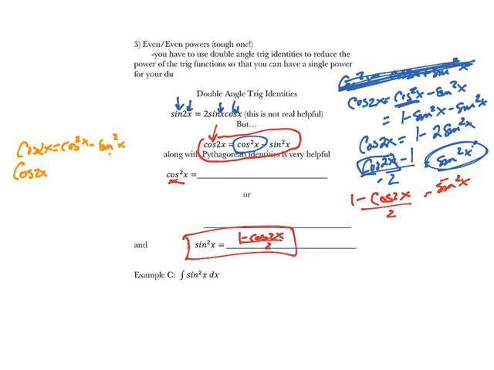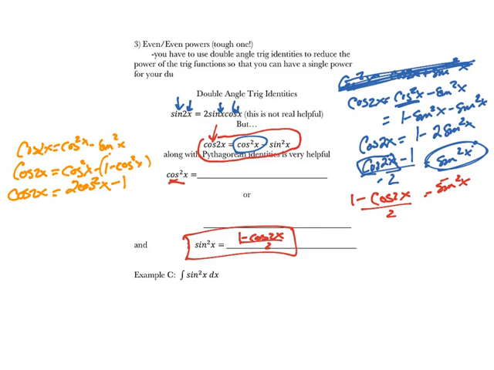So cosine 2x equals cosine squared x minus the quantity 1 minus cosine squared x, which is 2 cosine squared x minus 1 equals cosine 2x.